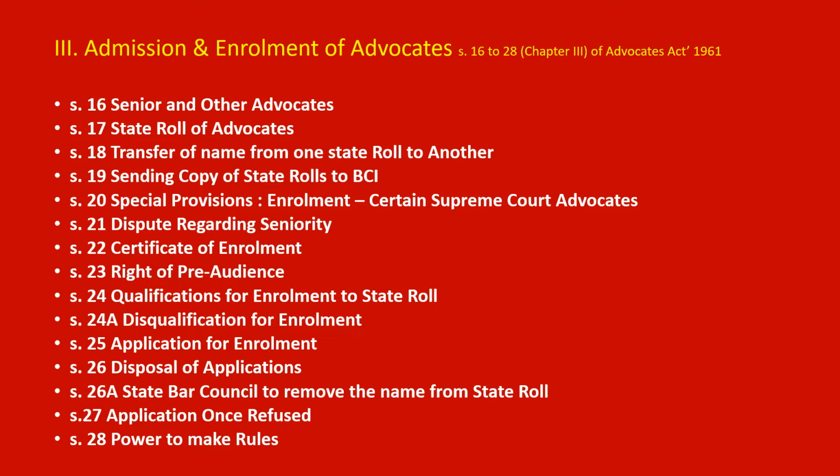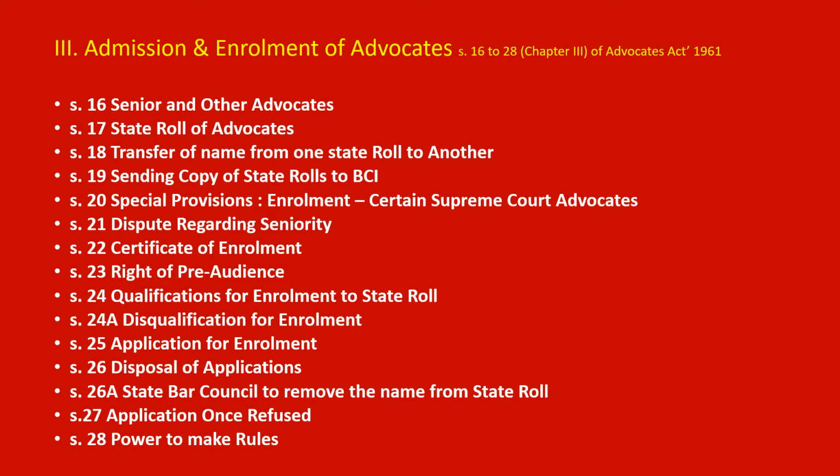Then what is to be done if somebody wants to change his state roll? That is addressed in section 18, which talks about the transfer of name from one state roll to another. In its first subclause, the advocate makes an application to the Bar Council of India for transfer, without any fee.